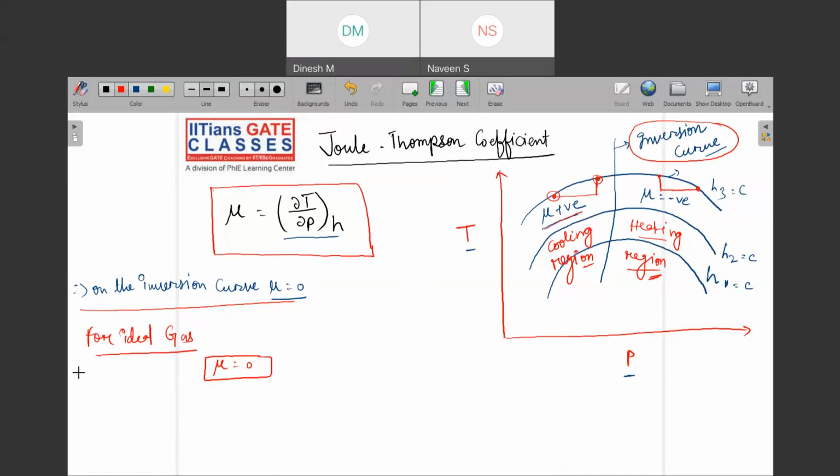Like what I am telling you is, can I use throttling for the case of ideal gas in order to decrease the temperature? The answer is no. Why? Because its Joule-Thomson coefficient is equal to 0, and if I try to throttle it, then instead of giving the cooling, this will give you the heating region. Okay.